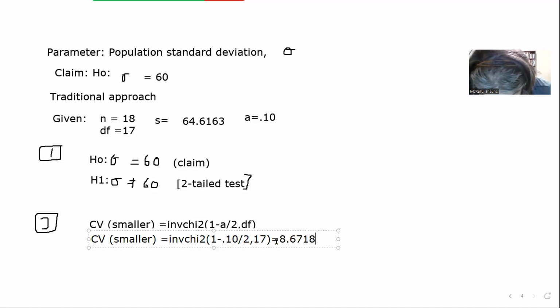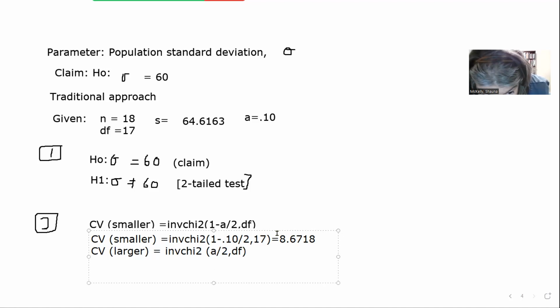There it is. Now your chi-squared larger, your larger critical, is going to be inverse chi-squared, and you already saw me do it. So I'm just filling in what I already did. This is alpha over 2 and df.